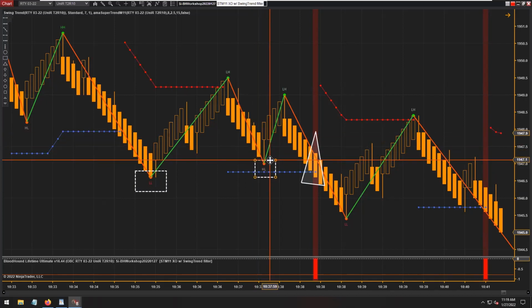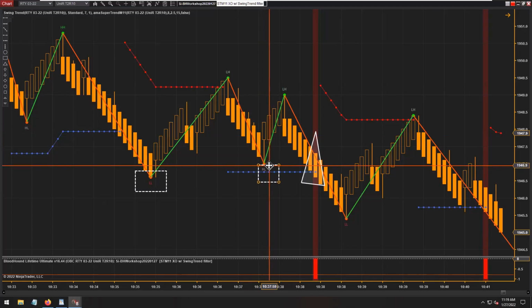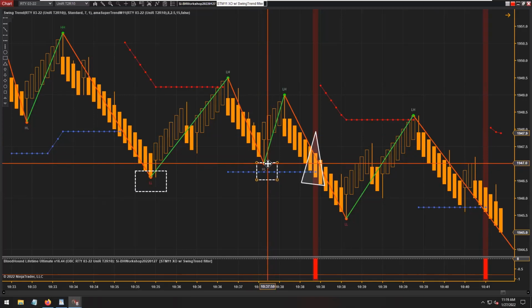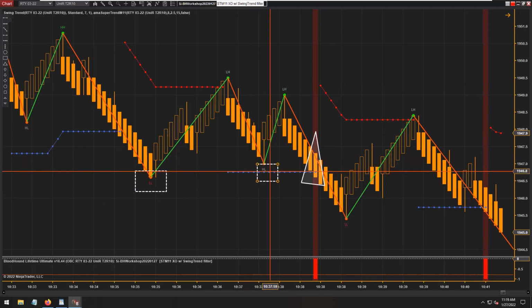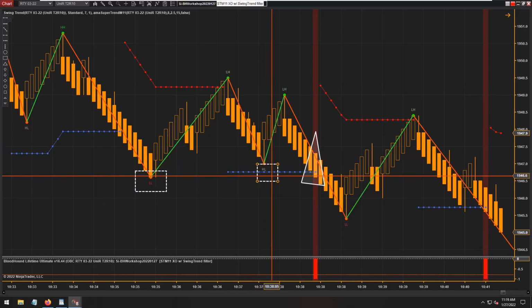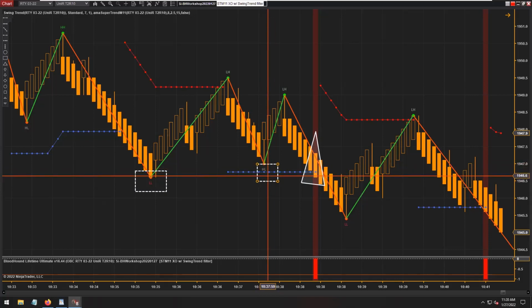I think, actually, it looks like the logic's going to need to be a little more complicated, because if price kept going down and it crossed the super trend, that would have been a valid signal, right? If it crossed right here. Because this higher low wouldn't have been locked in yet.